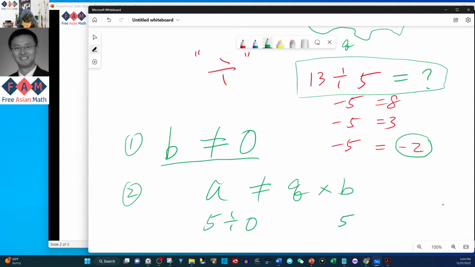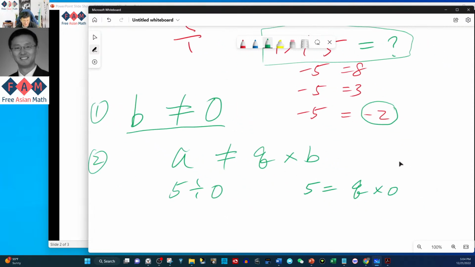So we have to find some number q such that q times 0 equals 5. And this is impossible. Why? Because we have a 0 here. No matter what q you try, you will never get to 5. Okay, so we know this is impossible. 5 will never be a multiple of 0.